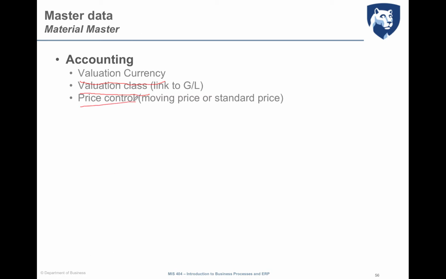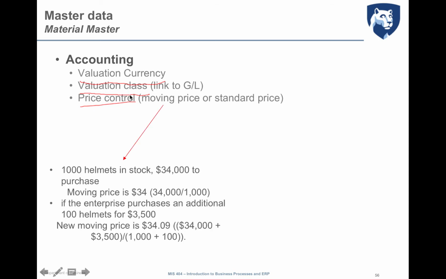Finally, we have price control. Price control identifies the method that is used to give value to the material, and in particular we have two options to do this. What we call the moving average approach and the standard price. The moving average approach evaluates the stock according to the value that has been paid to build this kind of stock.